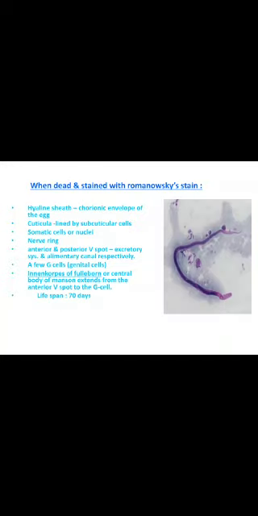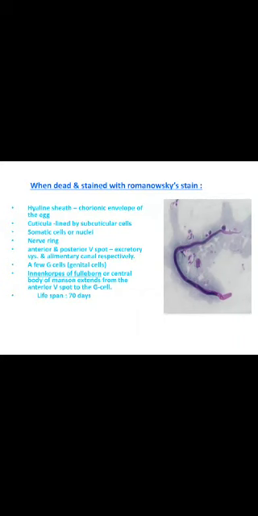They have a hyaline sheath which actually represents the chorionic envelope of the egg, and they have subcuticular cells. Somatic cells are also called nuclei. At 2 to 3 places these nuclei are absent, which are the nerve ring, the anterior and posterior V-spot, which will develop in future as the alimentary canal and the excretory canal.